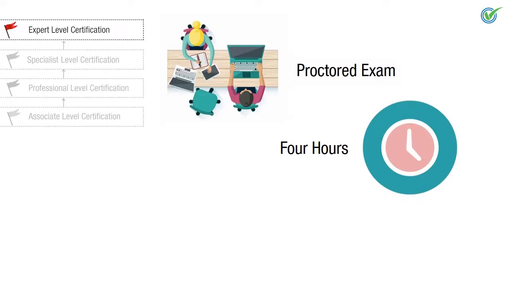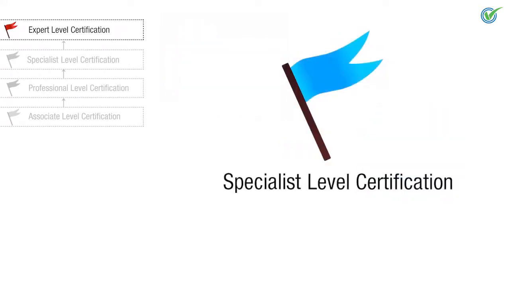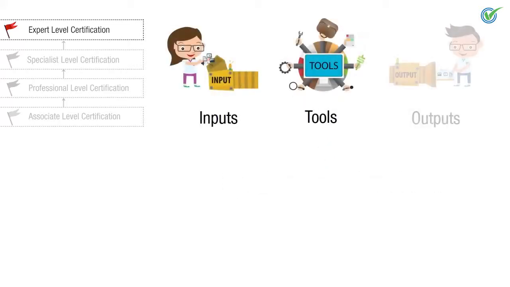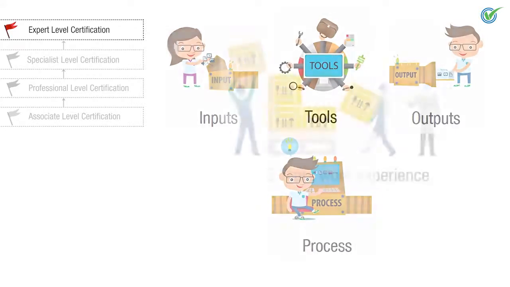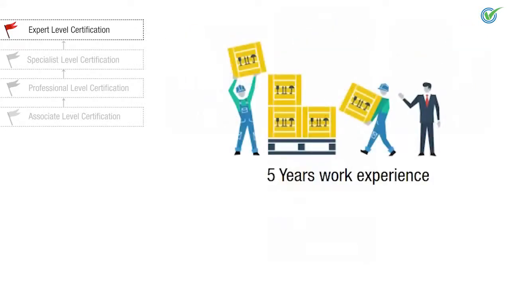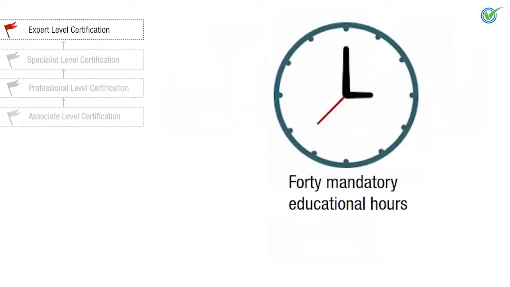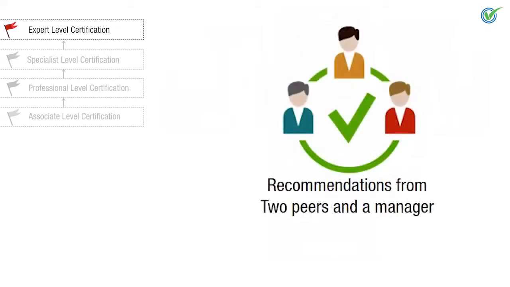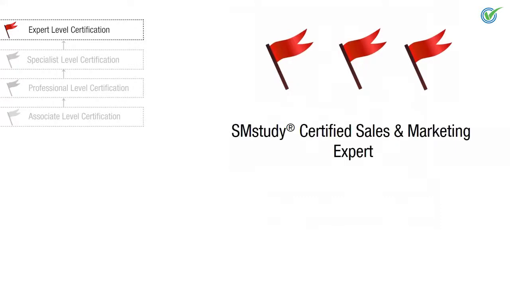The prerequisites are attaining the specialist level certifications for that specific aspect, a study of all of the relevant inputs, tools, and outputs for each process, 5 years of related work experience, 40 mandatory education hours, and recommendations from 2 peers and a manager. Individuals who pass the certification exams for 3 or more expert modules are awarded the SMstudy Certified Sales and Marketing Expert certification.